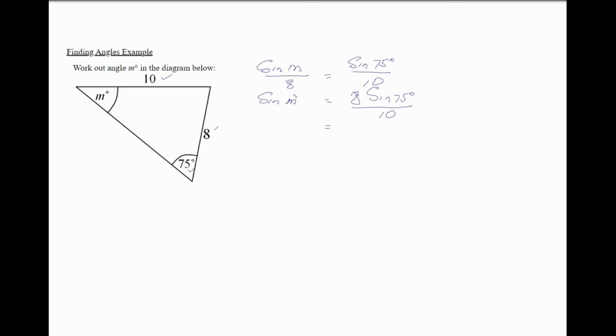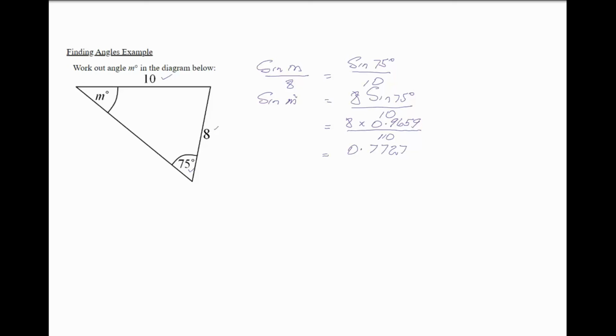We evaluate what sine 75 is, and that gives us 8 times 0.9659 divided by 10, and simplifying we will get 0.7727.